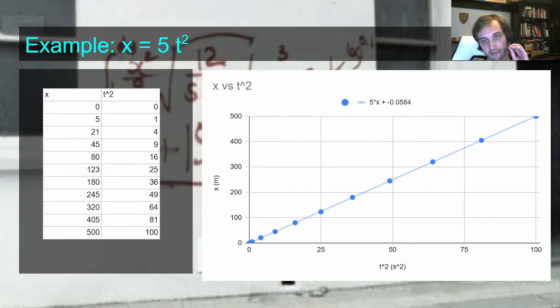Now, if I graph time squared, I'm effectively treating all of this in my equation as if it is one variable, the variable on the x-axis. And when I do that, I suddenly get a line.